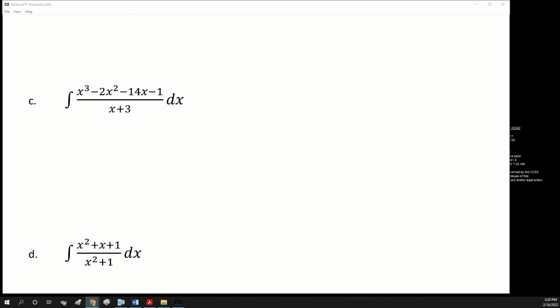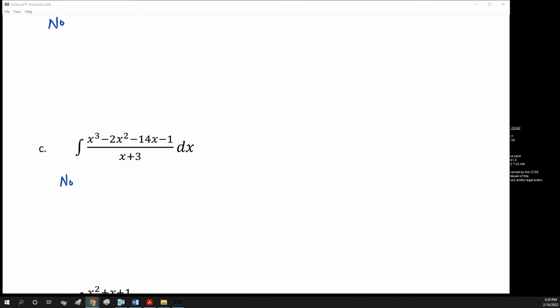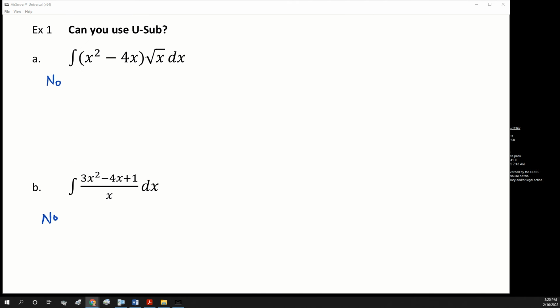And then same thing for this one. We could say u is this denominator, but what is all this stuff? So this one would be no. And then same thing on the last one. So none of these can be integrated using U substitution. So what we're going to do instead is simplify the radical.